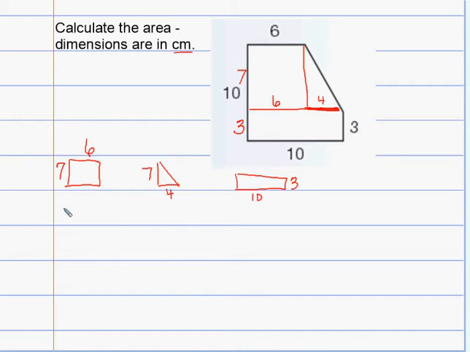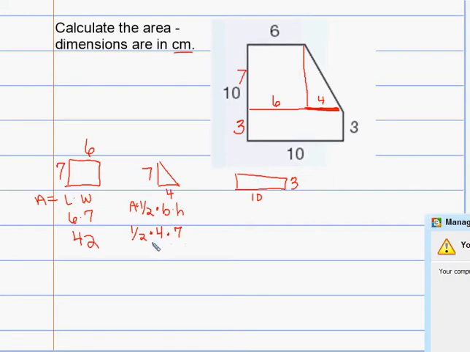So now we start calculating. This is length times width, so it's 6 times 7, or 7 times 6, which would be 42. This is 1/2 your base times your height, so it's 1/2 4 times 7. You can put those in any order you want. So 1/2 of 4 would be 2 times 7, which is 14.